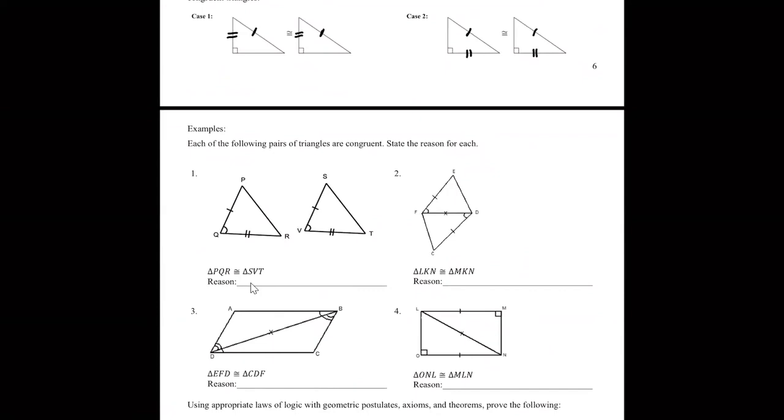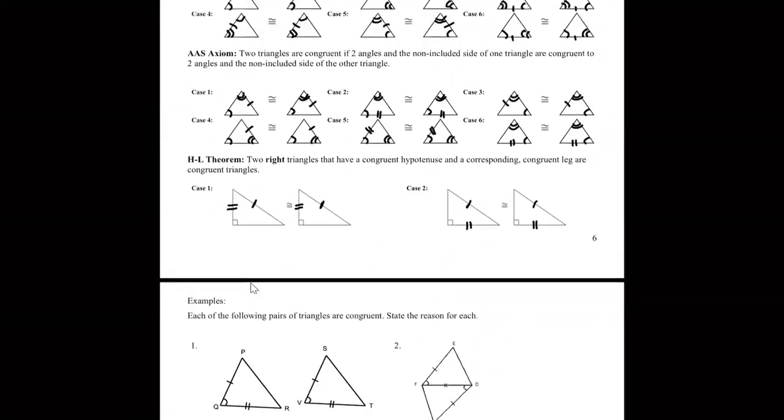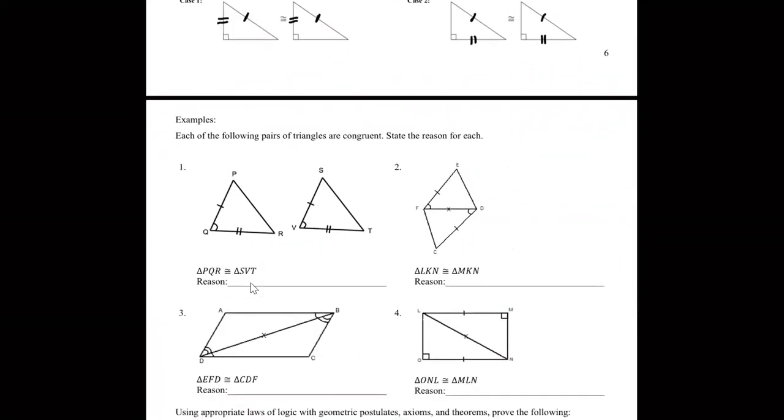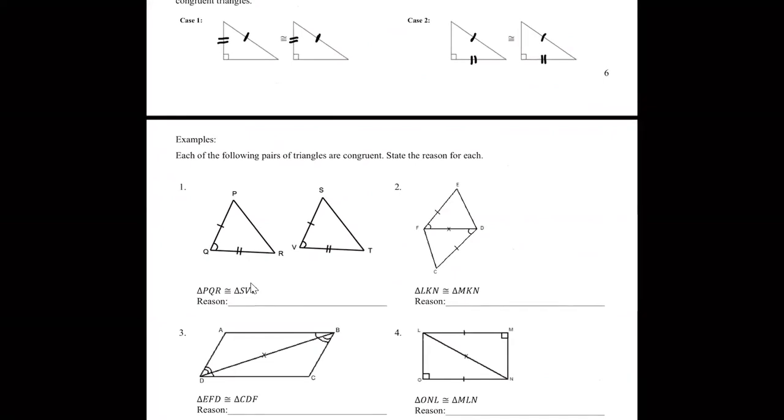All right, so we have our examples here. Like I said, they're all little different flavors compared to what you see up here. These are all the generic cases. But what I'm looking at in the first example is a pair of corresponding congruent angles, and it's surrounded by two sides that are correspondingly congruent.